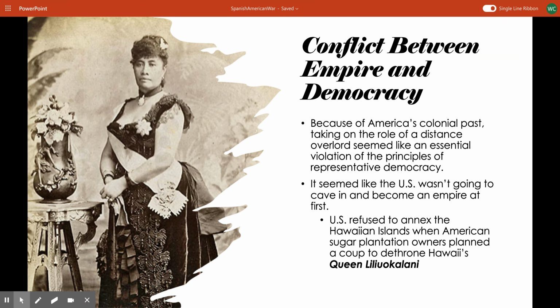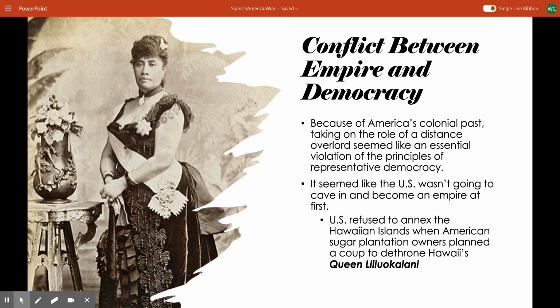When the American colonies had risen in revolt against the British, their frustration at obeying a government across an ocean really helped to define the American vision of representative democracy. Taking on the role of a distant overlord seemed to some Americans like a violation of those principles of representative democracy that inspired the American rebellion against the British.